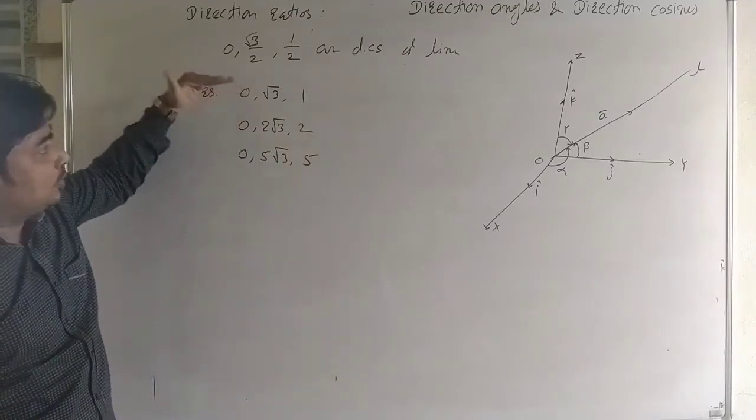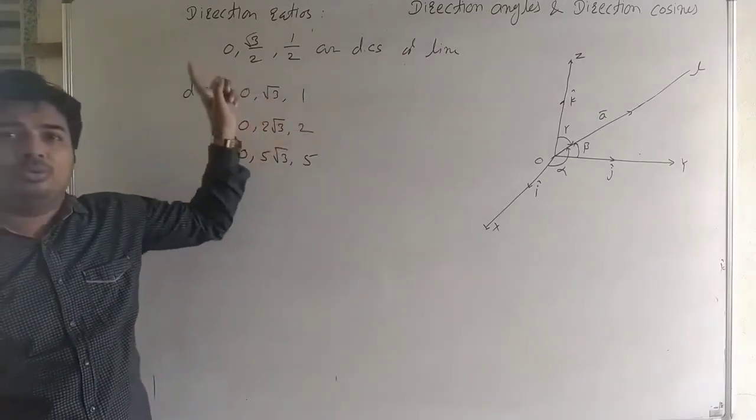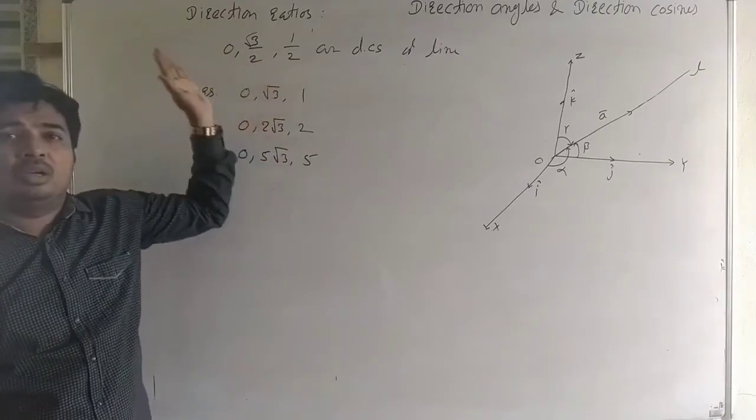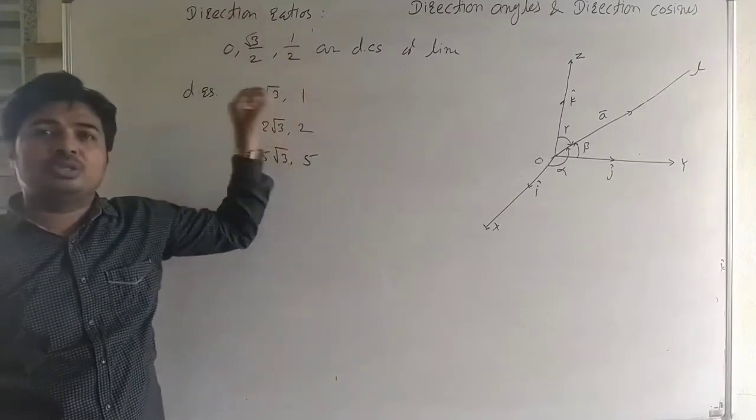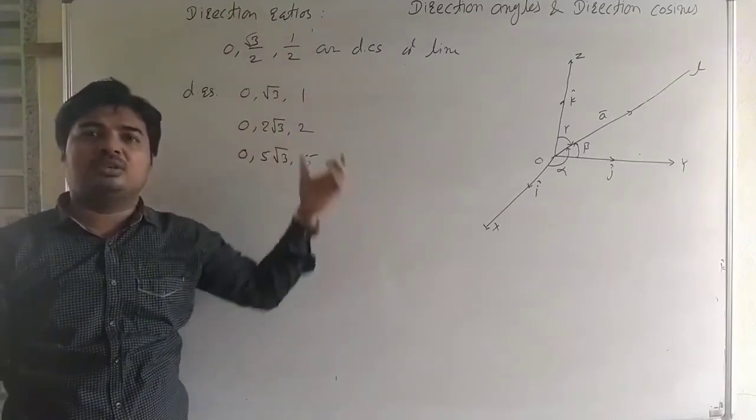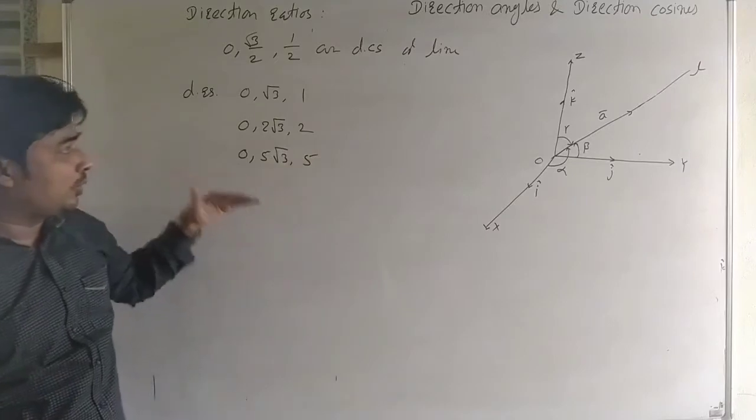Numbers which are proportional to the direction cosines are called the direction ratios. Therefore, there are infinitely many proportional numbers.